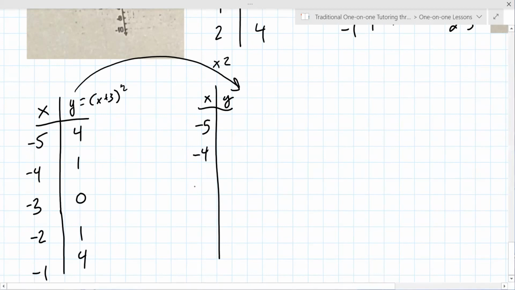So the x values stay the same, but the y values are going to double now.